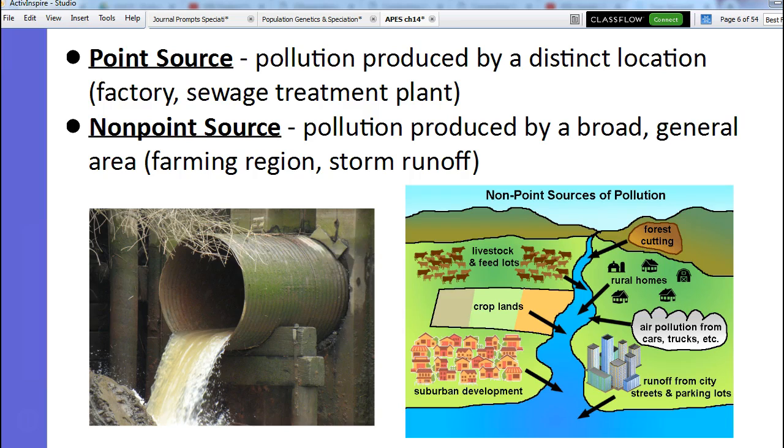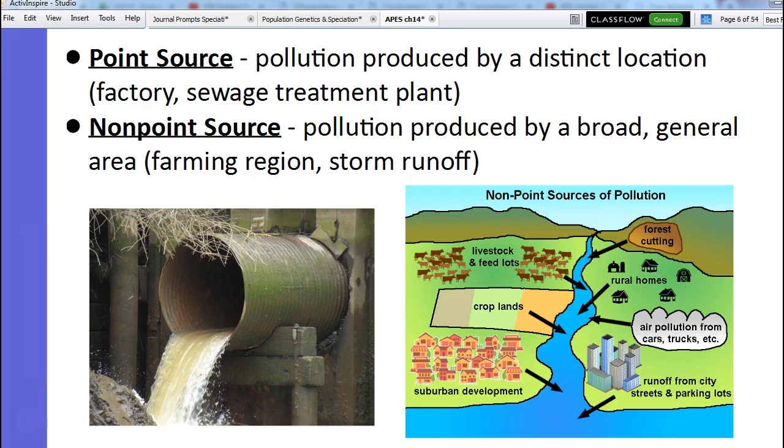So if the jockey factory is pouring a whole bunch of its extra wastewater into a stream and it's got all the chemicals they use to make their underwear, we can trace it back and say, hey, you need to stop dumping this in the stream. The Clean Water Act, that's what part of the Clean Water Act does, is it puts regulations on who can dump what where.